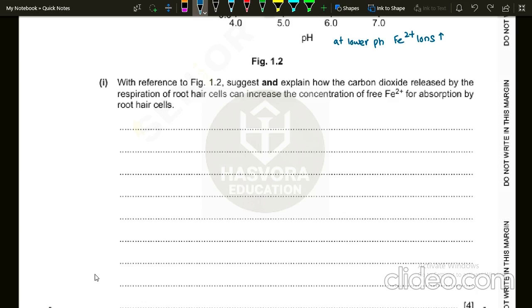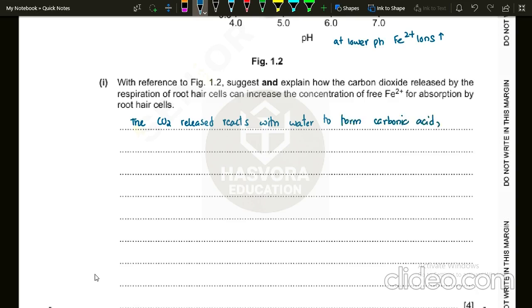Now we will answer this question. The carbon dioxide released reacts with water to form carbonic acid.